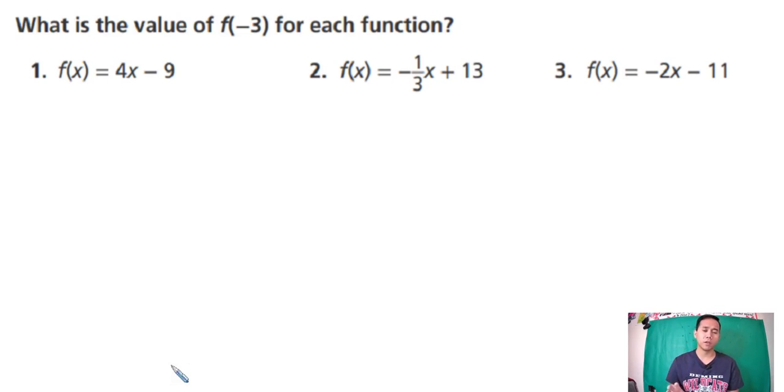So we use f(x) to represent a function, and the number inside the parentheses is the value of x, meaning in f(-3), negative 3 is the value of x, and f(x) is your y in slope-intercept form. So let's start with the first number.